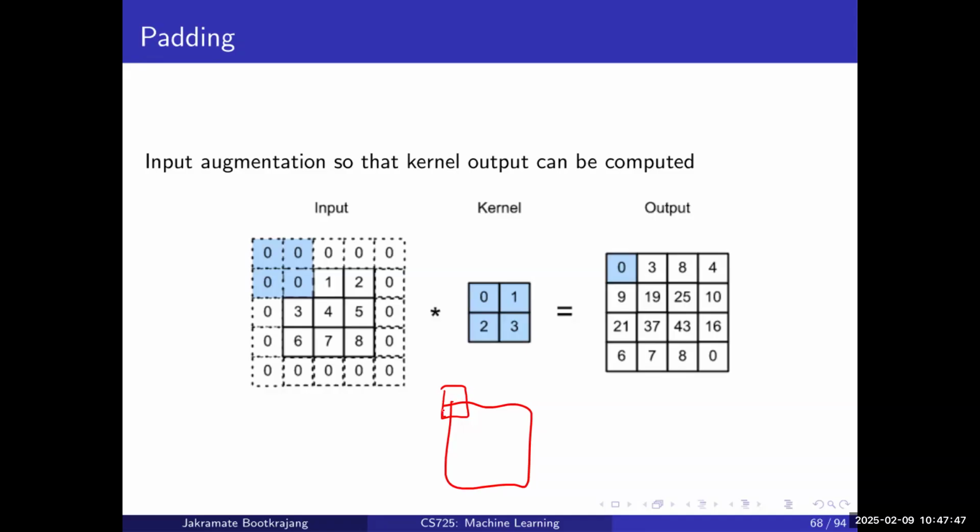What you can do is add 0s to the outside so that you can filter the edge of the image. So if you have padding, the output will have a bigger size compared to without it. Basically, we increase the input by the padding.